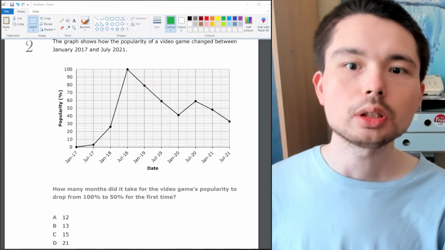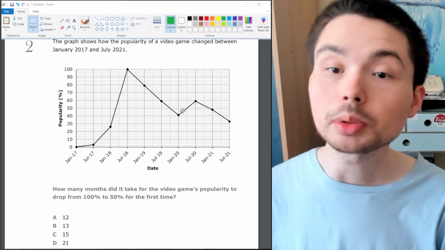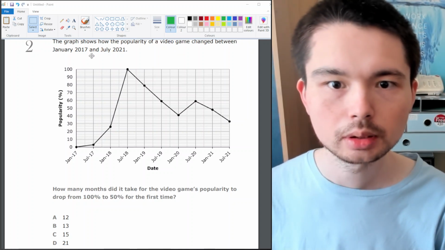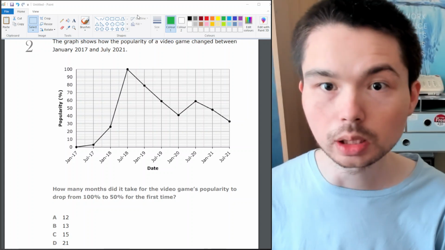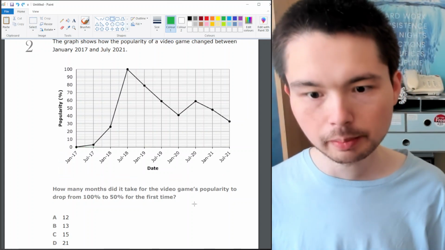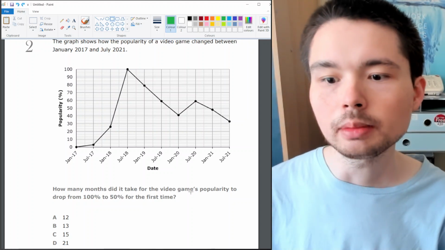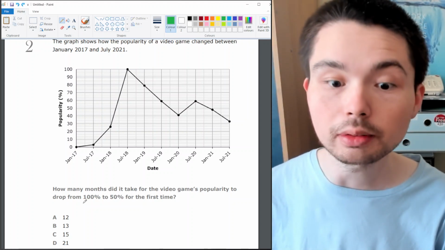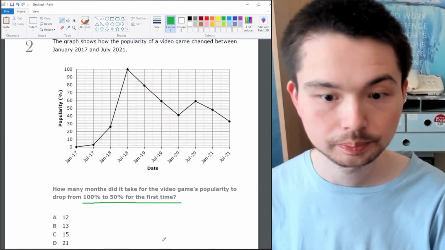The graph shows the popularity of a video game between January and July 2017 to 21. We can see that on the axis anyway. How many months did it take for the video game's popularity to drop from 100% to 50% for the first time?